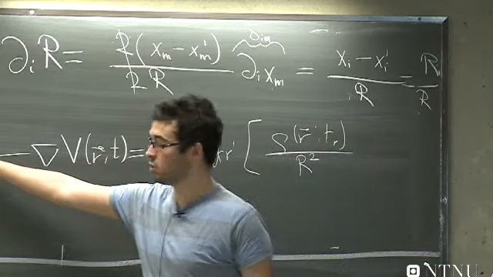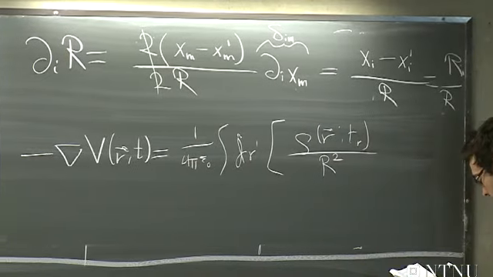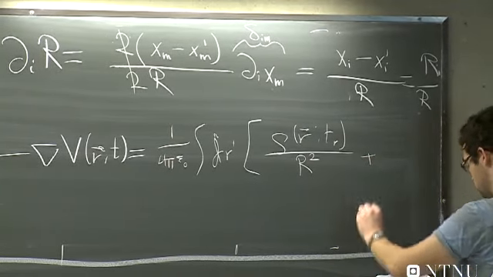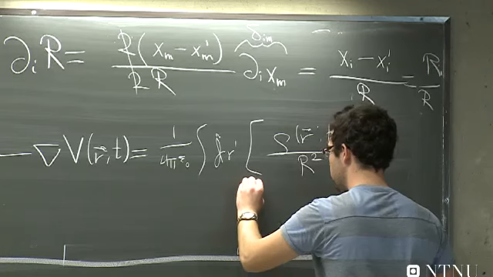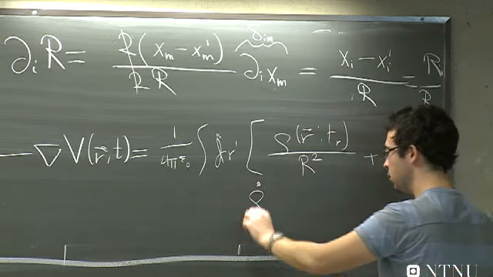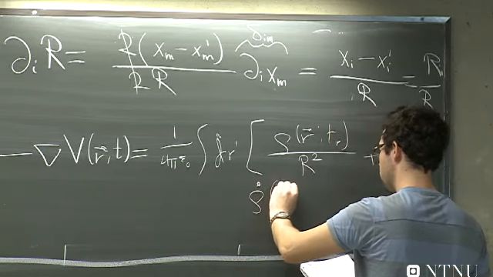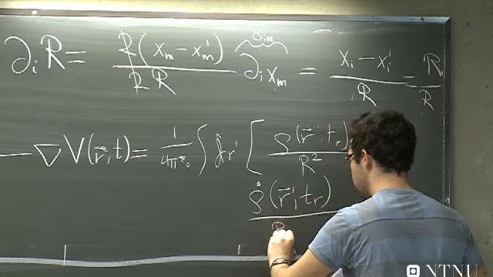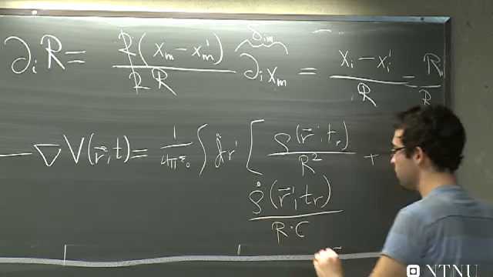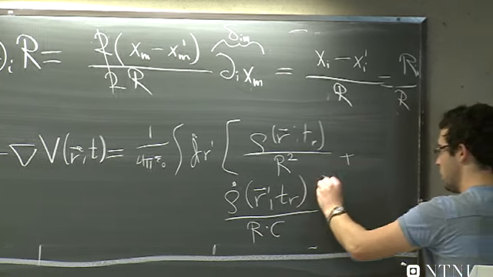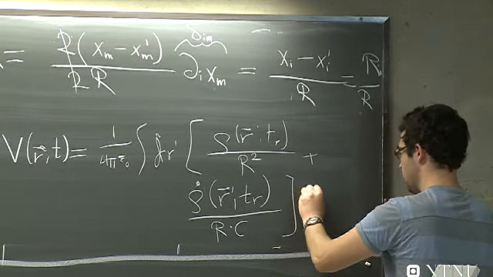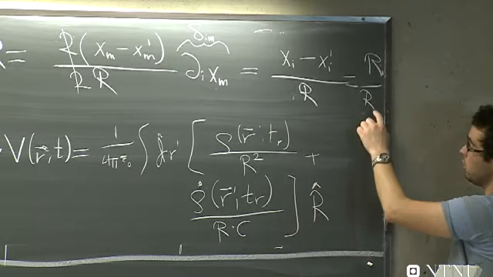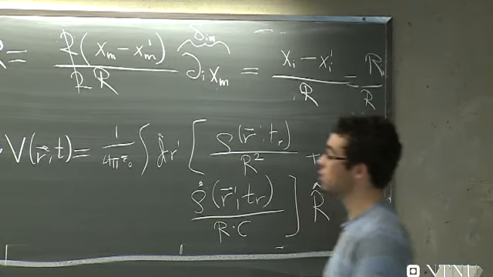So that's this term here, plus rho dot, again this is the time derivative, r prime, t_r, over r times c, end of the bracket, and finally an r hat, because this now is essentially an r hat, right?